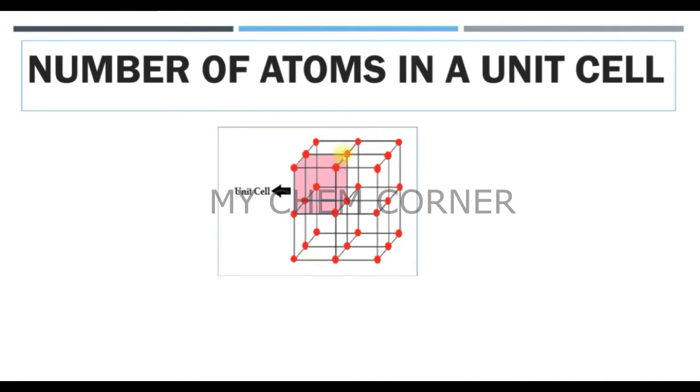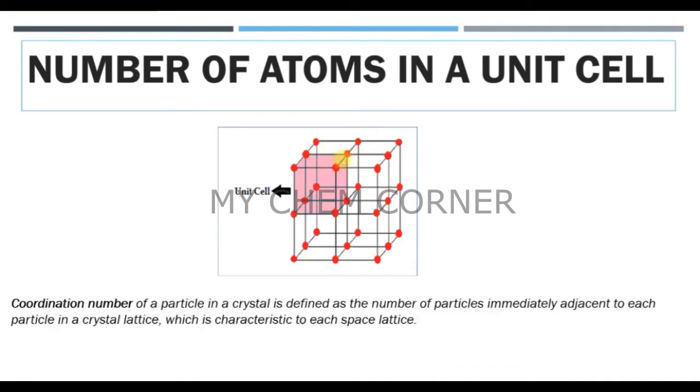But if you look at, say for example, I'm taking this particular sphere. This particular sphere in the center, the one that is being marked on the screen, if you see, that sphere is being shared among so many cubes, right? So this particular sphere is shared with this pink cube, the one behind the pink cube, the one below the pink cube, and the other side of the pink cube, and the opposite side cubes.